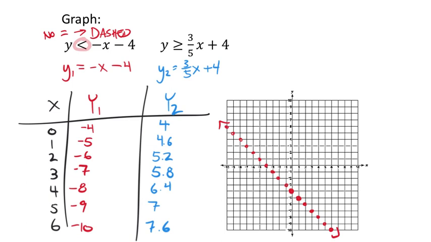So that's just the line that represents the equation from our first inequality, y is less than negative x minus 4. But I still need to figure out which side to shade on. So I'm going to use the ordered pair 0, 0 as my test point to determine which side to shade on for this inequality. So x is 0 and y is 0.